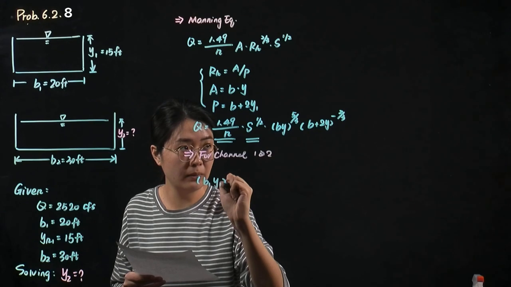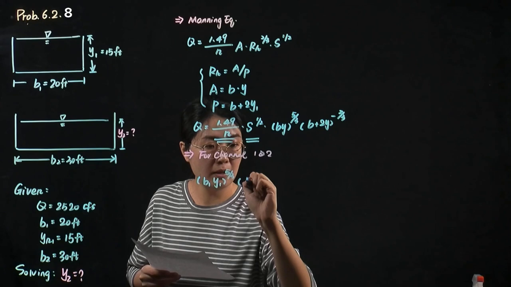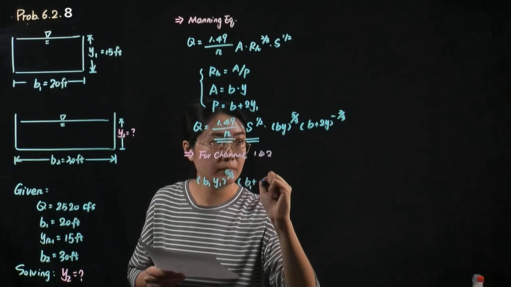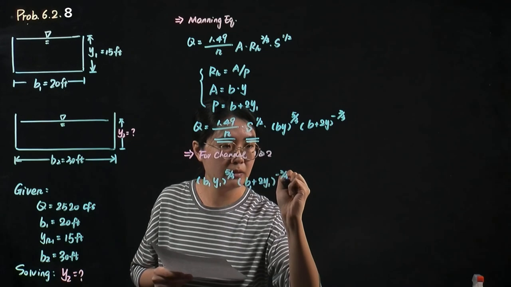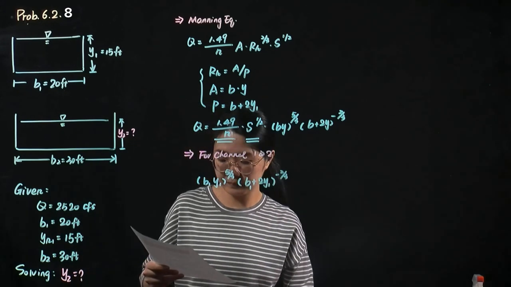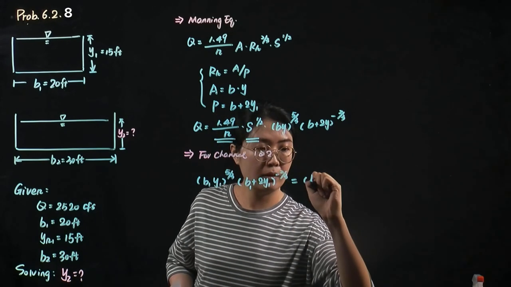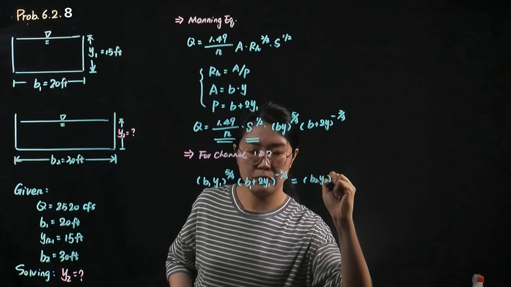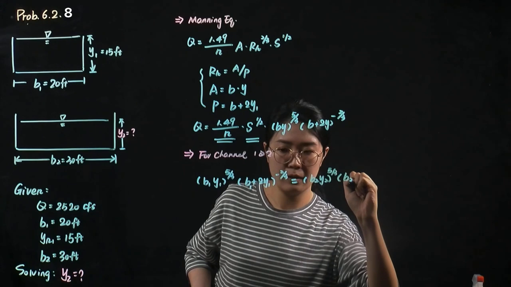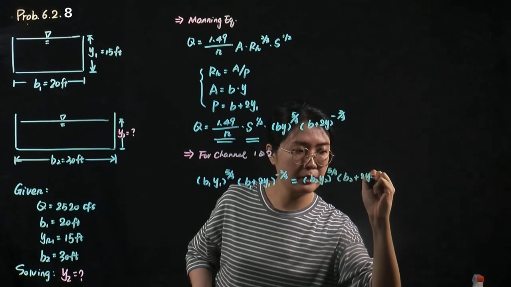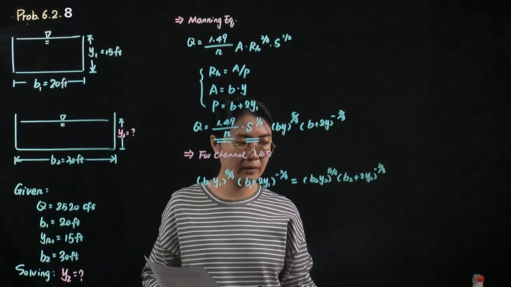b1 times y1 to the power of 5/3 times (b1 plus 2y1) to the power of minus 2/3 equals b2 times y2 to the power of 5/3 times (b2 plus 2y2) to the power of minus 2/3.